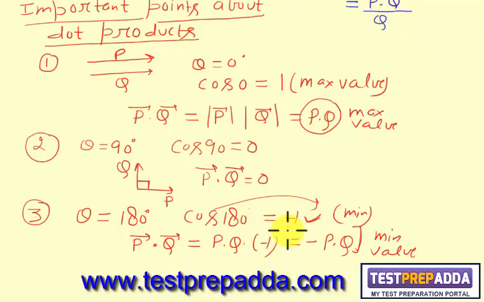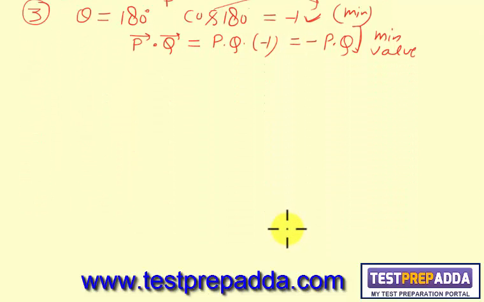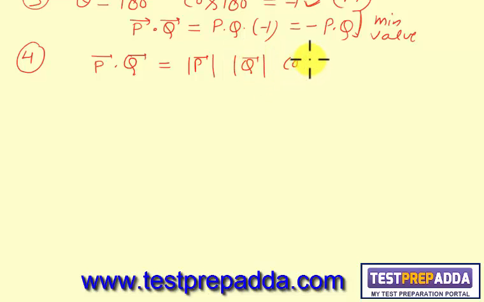Now, point number 4. If I write this P dot Q as modulus of P, modulus of Q, cos theta, theta is what?